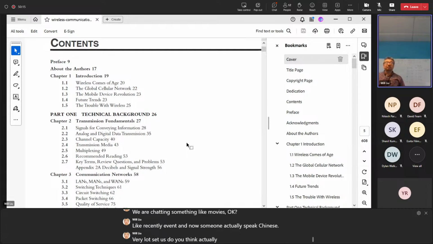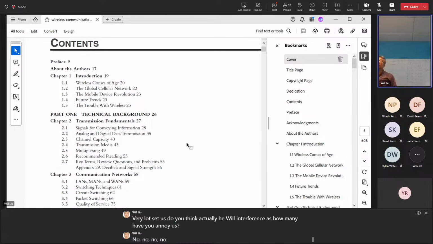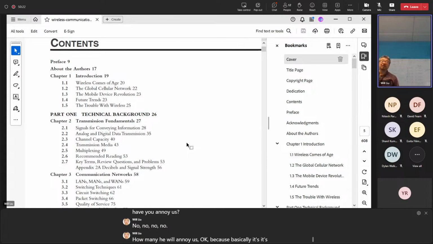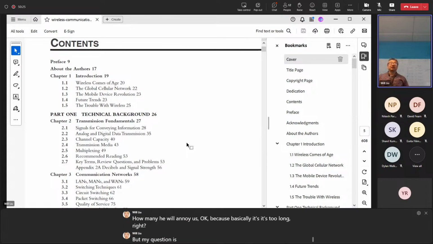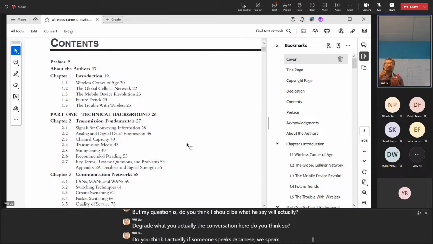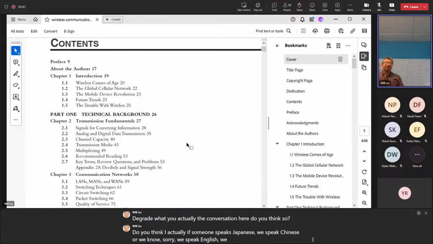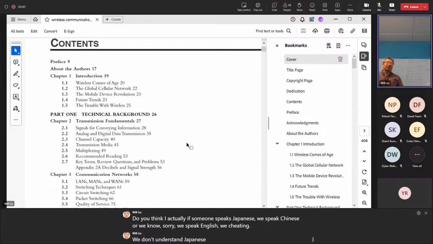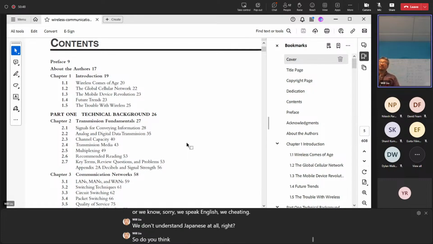Do you think he will influence us? Definitely he will annoy us, because it's too loud. But my question is, do you think what he says will degrade our conversation here? If someone speaks Japanese while we speak Chinese or English, and we don't understand Japanese at all, will that influence our conversations?